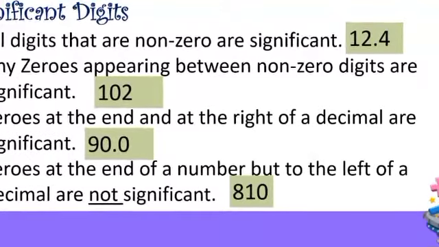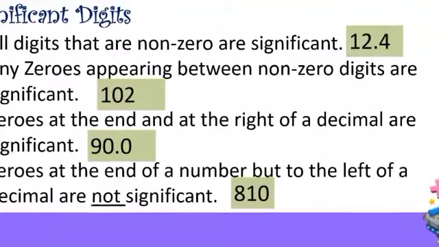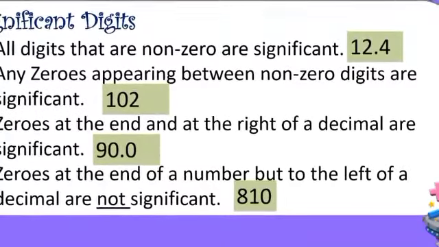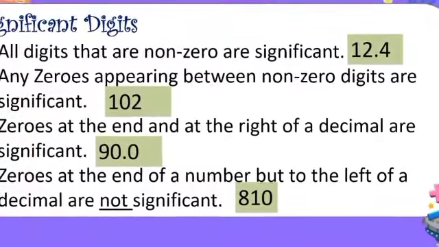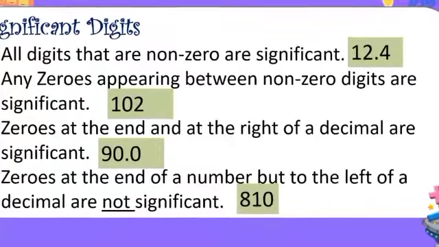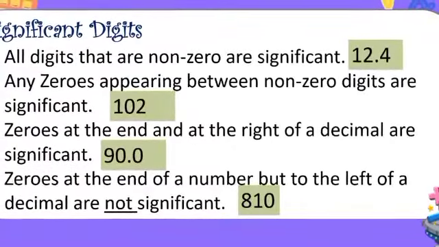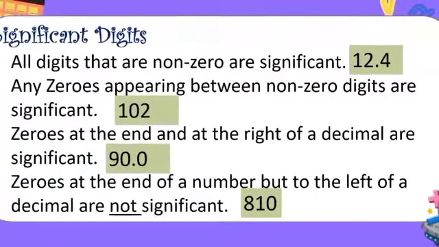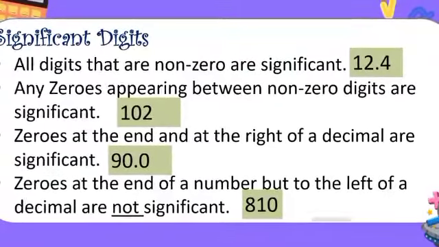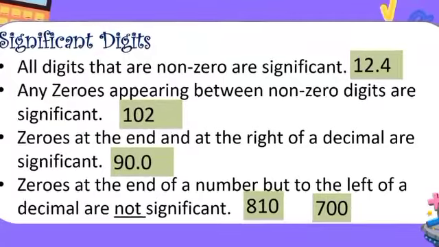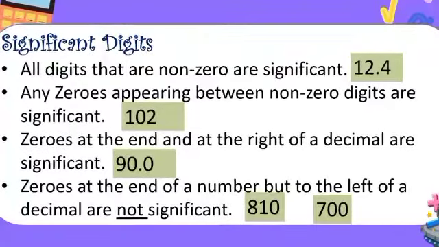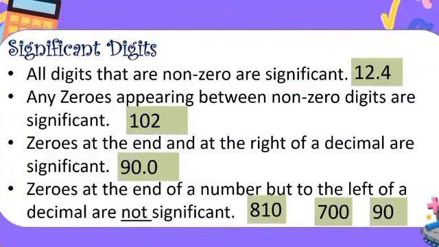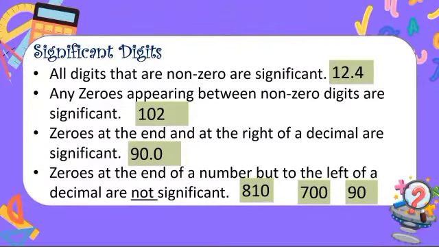So, hindi siya kasali. Pero dito, sa zeros at the end and at the right of a decimal, kung kasama siya ng decimal, ayan, so, 90.0 kasama siya sa significant digit. So, another example, 700. So, here, sa 700, 7 lang yung significant digit. Ganon din sa 90, ang significant digit is only 9.